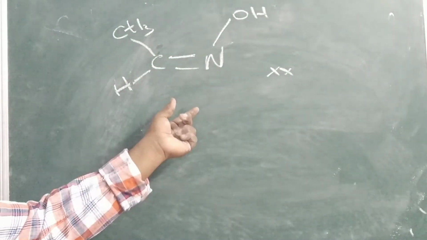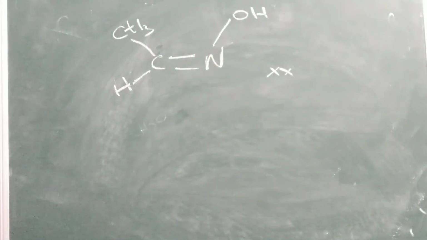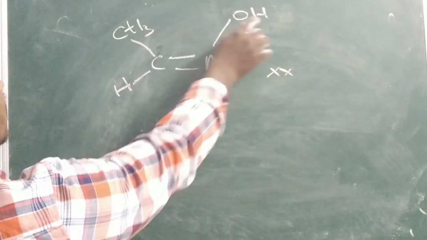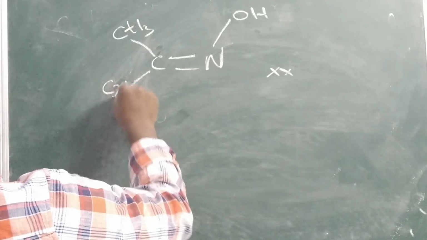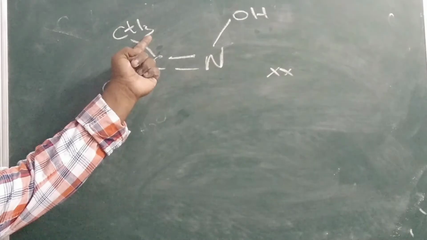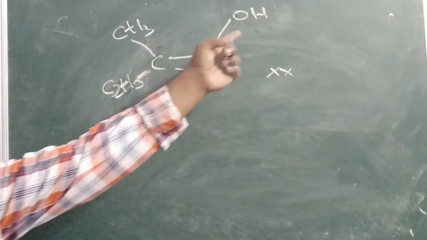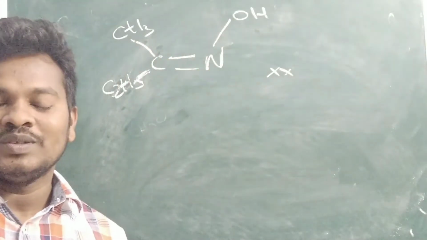It is syn, the same side with respect to the OH. For example, here I am writing C2H5. So how will you name it? Syn methyl ethyl oxime. If it is anti, you say anti ethyl methyl oxime, like that.